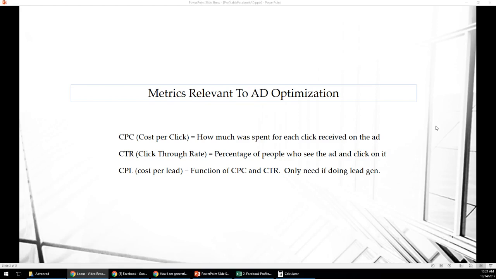First 3 metrics are important to ad optimization. So later when we get to the ad optimization, these metrics will show extremely important because cost per click, click-through rate, and cost per lead will show us how successful our copy, our headline, our creative is, and how good our audience insight is, and how good we did in targeting that audience.